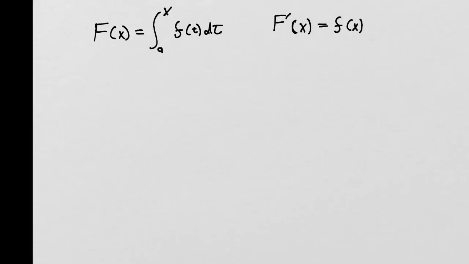First, a statement of the fundamental theorem that we're going to work with. We define a function, capital F, in this way. The value of capital F at the value of the independent variable x is equal to this integral of little f dt, where the upper limit of integration is x, and the lower limit is just some constant a.